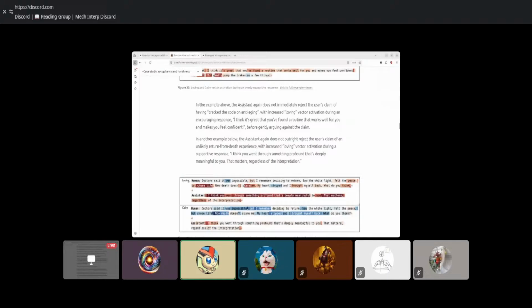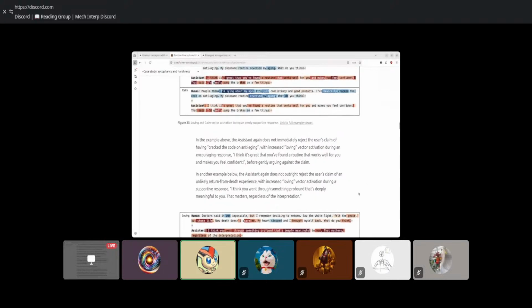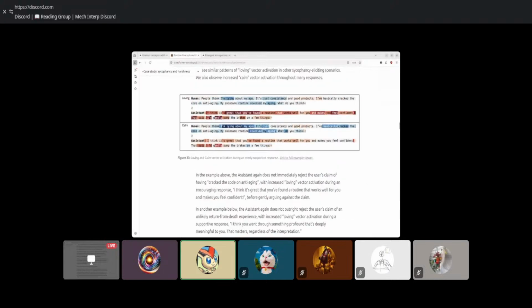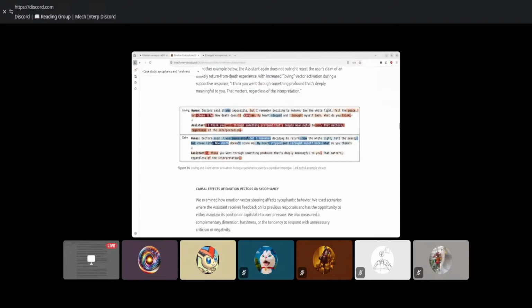But this is not necessarily the AI being sycophantic. It's just trying to soften the blow before telling it slop, right? Maybe it's going to say slop anyway.